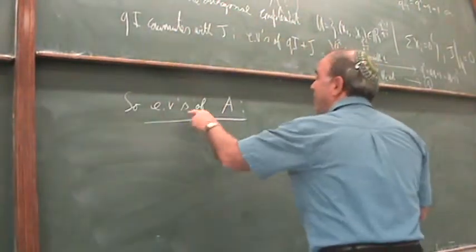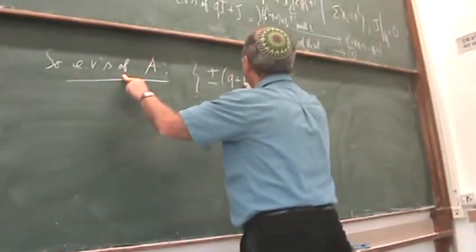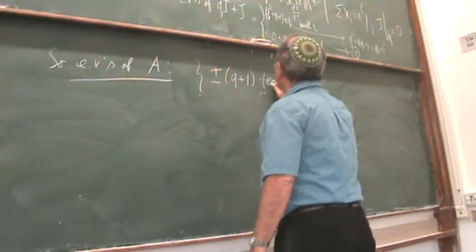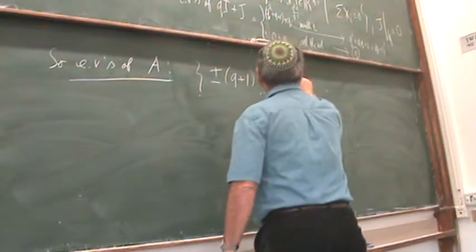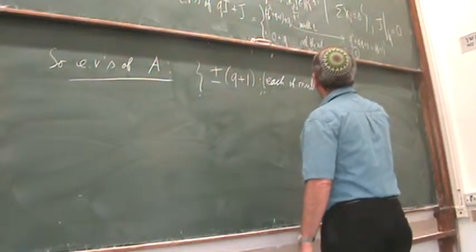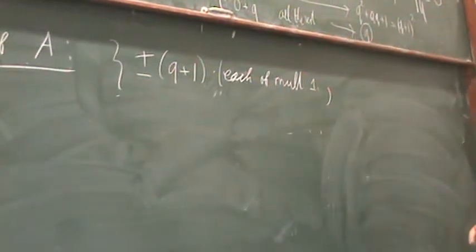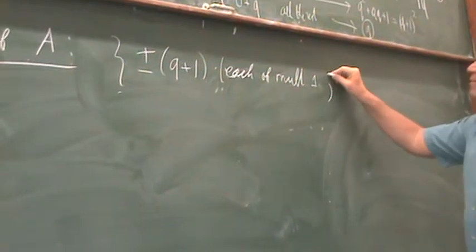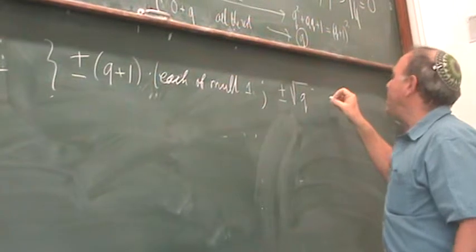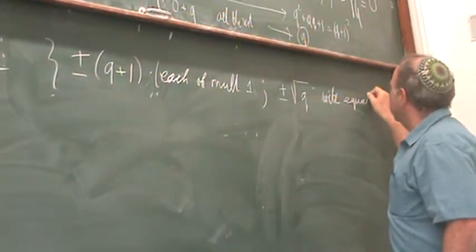So the eigenvalues of A are plus minus Q plus 1, each of multiplicity 1. Well, it must be, because the graph is connected, so Q plus 1 will appear only once. And then plus or minus square root of Q, with equal multiplicities.